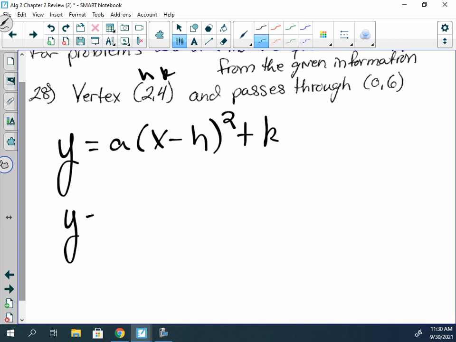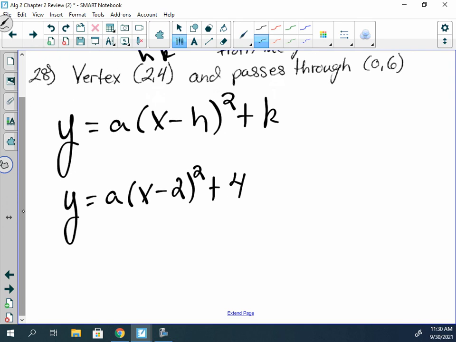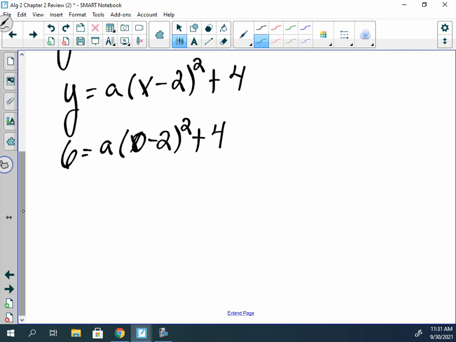So here we'd have y equals a times x minus 2, because that's the value of h, squared, plus 4, because we plug h and k in to get those spots. Now the only thing we're missing for the equation is the value of a. That's where we're going to use the point 0, 6, because it's saying y is equal to 6 when x is 0. So if we plug 0 in for x, the y value should be 6.